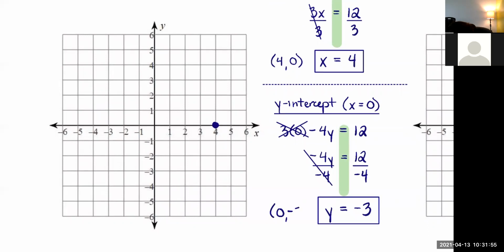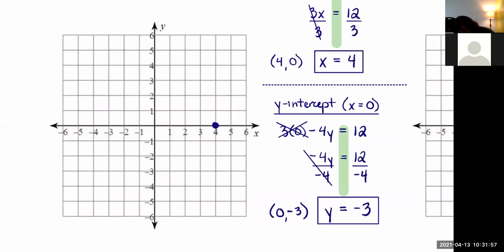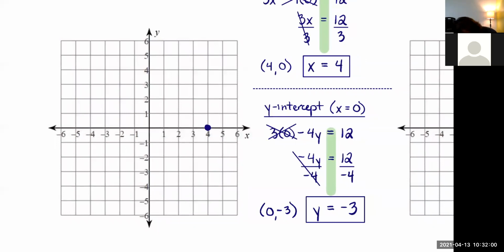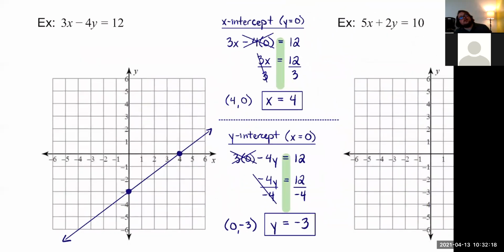The y coordinate we just found is -3. So we're looking for (0, -3). So really all you're looking for is the -3 on the y-axis. And because those are two very specific, very unique points, I can then just connect them to get my line. And this line is very unique to the equation we started with.